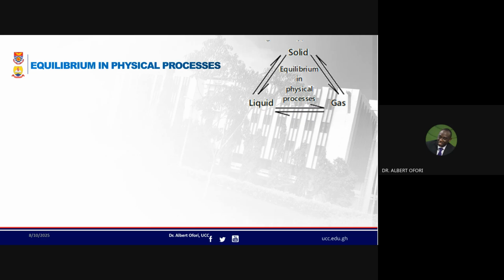So you get to a point where the ice has melted, but you still see some ice in the water. That ice will stay for some time. If not for temperature changes, it will still be the same. So it means that at that point, that solid, that ice, is in equilibrium with the liquid which you can find.